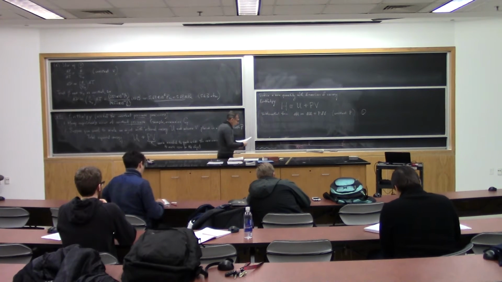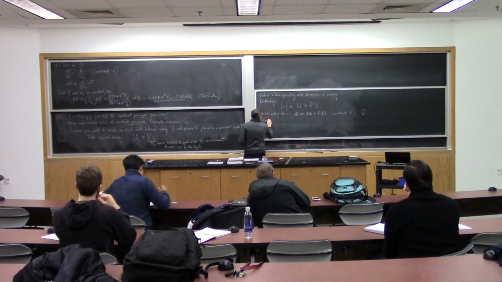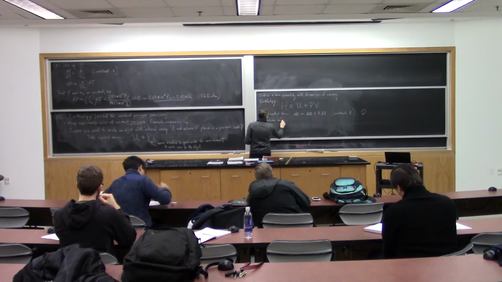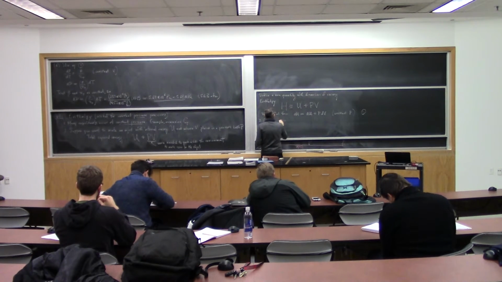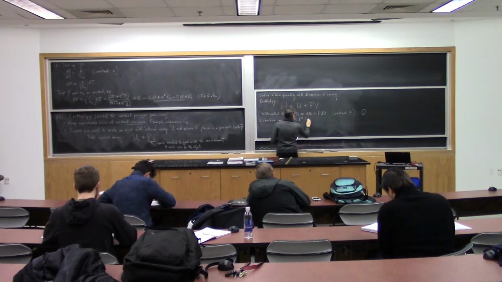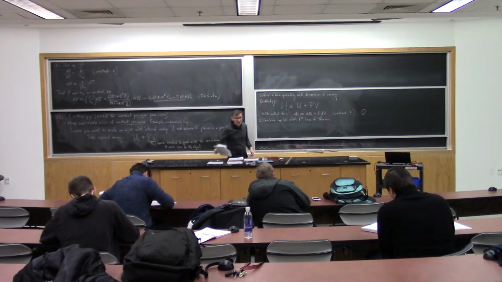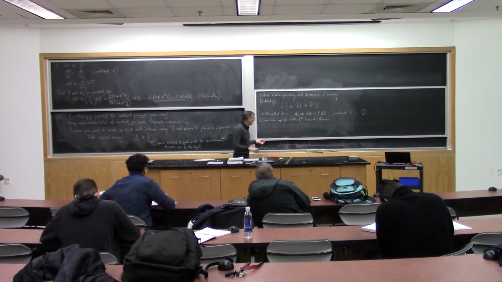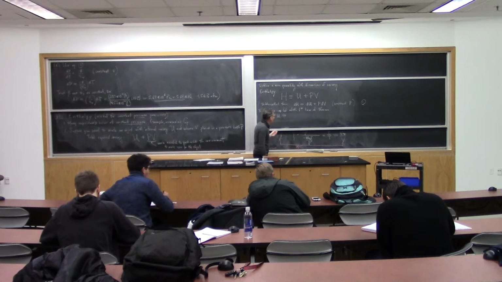Okay? Let me combine that expression, equation 1, with the first law of thermodynamics. Let's write the first law also in differential form. So an infinitesimal change in internal energy, dU, according to the first law, can have 2 contributions.